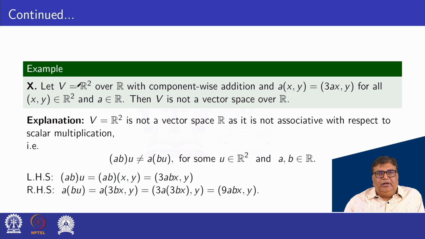Next example: let V equal to R square over R, with component-wise addition, and the scalar multiplication a into (x, y) defined as 3a(x, y) for all (x, y) belonging to R square and a as a scalar belonging to R. Then V is not a vector space over R, because here the property of external composition (ab)u not equal to a into (bu) fails.